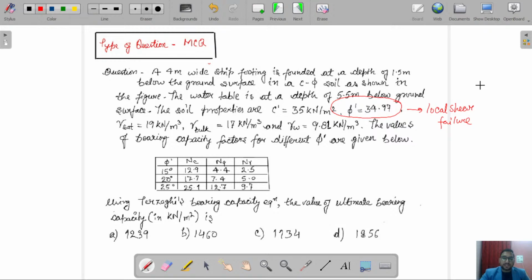Whenever there is a local shear failure, you are going to use modified C and phi values. Now we know that Nc, Nq, N gamma depend upon the angle of internal friction phi, so you have to take them corresponding to that modified phi value.